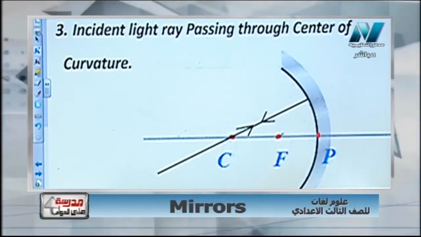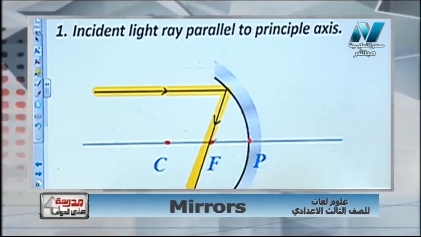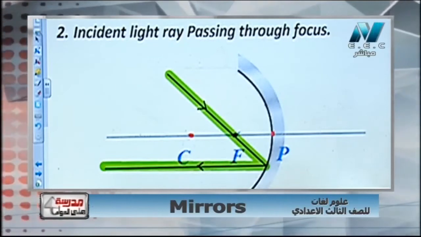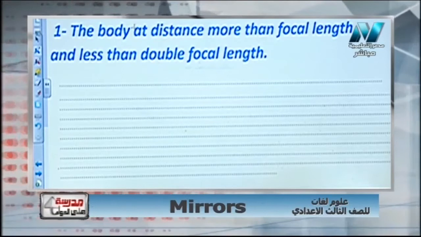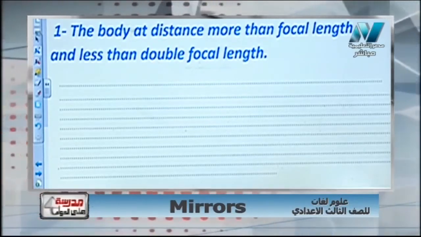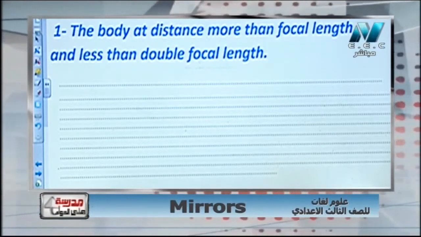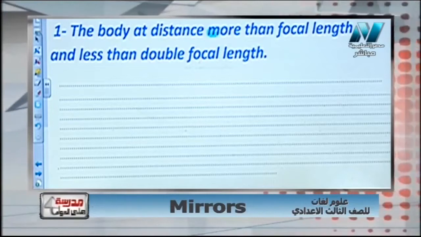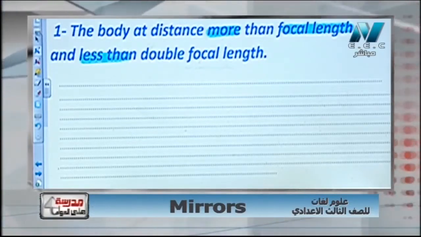So how can we use rule number 3, rule number 2, and rule number 1 to deal with the object to draw the image? First, we have a body at a distance more than the focal length and less than double the focal length.